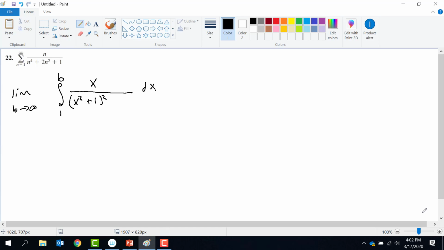Yeah, so the denominator is x squared plus 1 squared. You should recognize that as a perfect square trinomial. And so then again, we can do this with a u substitution. And so u will equal x squared plus 1, so that du is 2x dx. We have the x dx, so du over 2 is x dx.